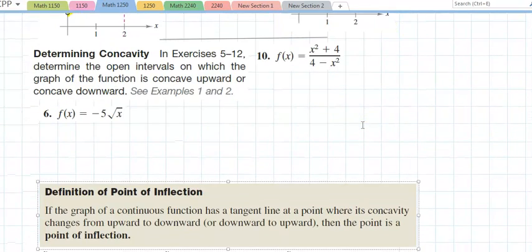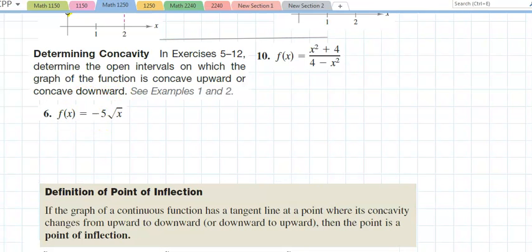It says, determine the open interval where the function is concaving up or concaving down. So I write this as negative 5x to the 1/2. So I need two derivatives. The first derivative will be negative 5/2 x to the negative 1/2. And if I take a second derivative, that will be positive 5 over 4 x to the negative 3/2.